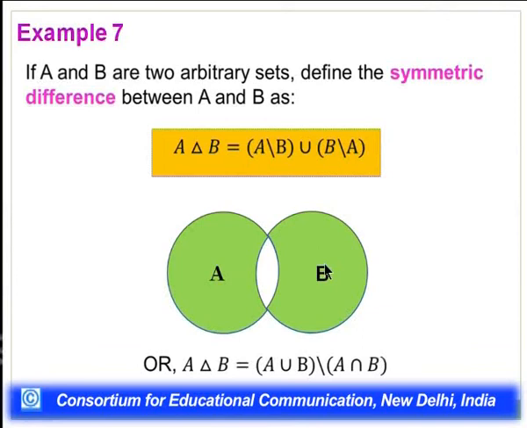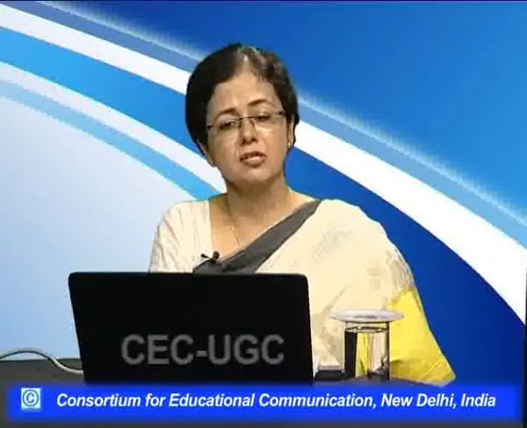And you can see here that this is nothing but A union B minus A intersection B. So A union B would be the entire area spanning the two sets, and from that you just simply subtract off this white area, which is the A intersection B area, and that would give you the symmetric difference. Intuitively, symmetric difference is nothing but the regions that correspond to just A or just B.